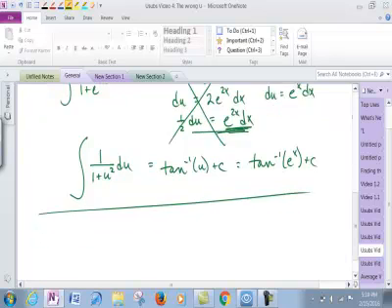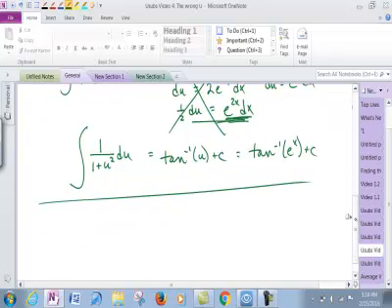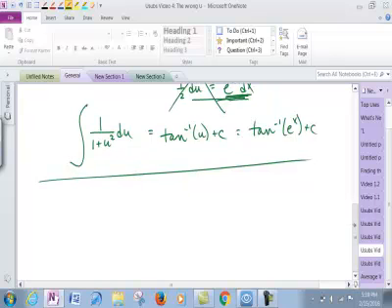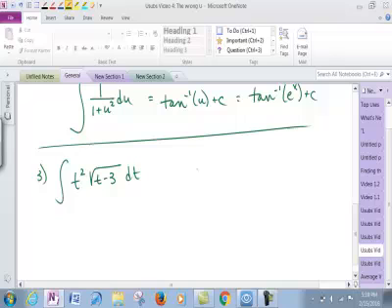Okay, one more example, and this one involves the power rule. Let's say we've got the integral, this is the third one we're doing, and this is t squared times the square root of t minus 3 dt. And so your choices for u are either t squared or t minus 3.